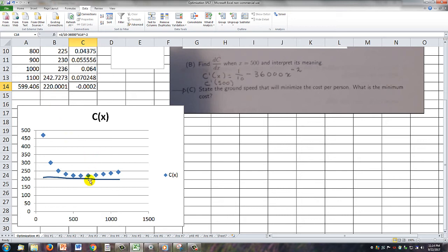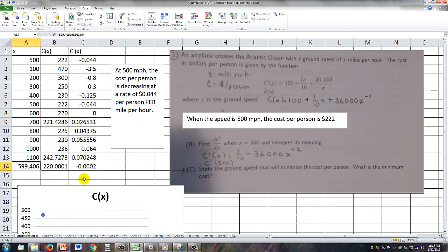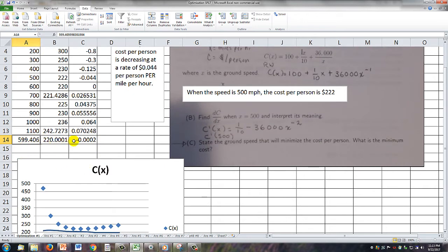599.41, and that is going to happen, and that's where WebAssign is going to not be friendly, and it will happen most often in these types of problems. See where this minimum is? It really is flat. There's a large area of just where the values are really close together, making that flat area. So you may have a little bit of error on your WebAssign, and if you feel like that's happening, you can email me, and I can check your work.